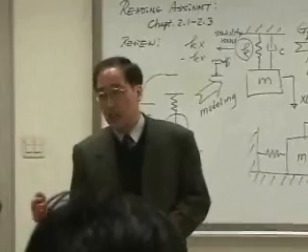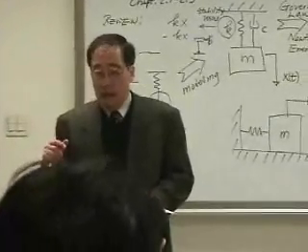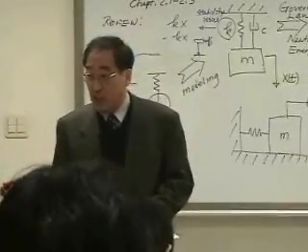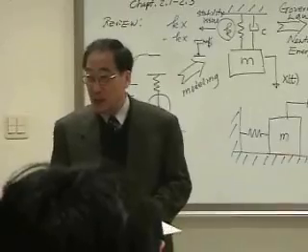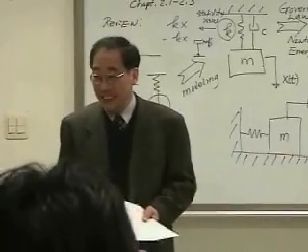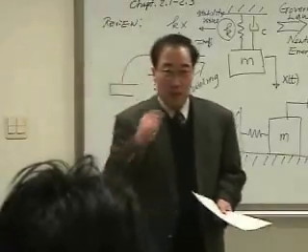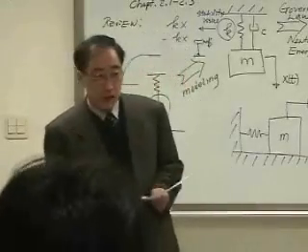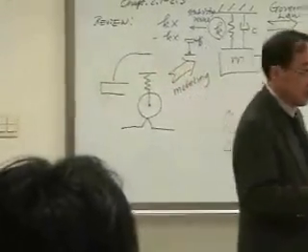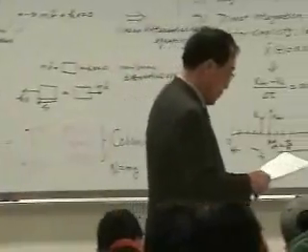I want to see the problem in state space because it is convenient. In the beginning, it is not convenient, but if you understand state space very well, then it is convenient to understand vibration systems.